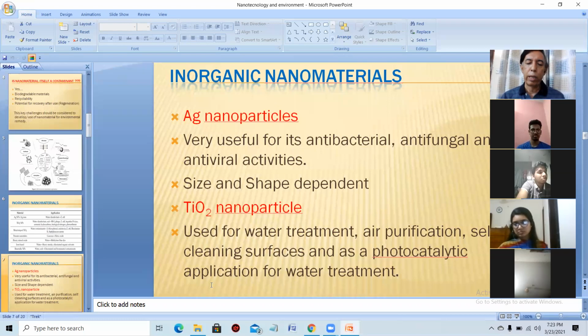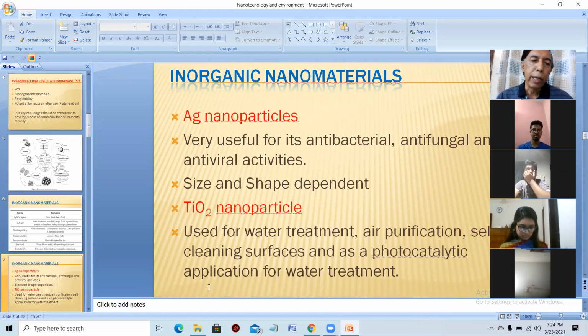It means the electrons from the valence band of titanium oxide nanomaterial go to the conduction band by the application of UV light. So it can be used as a photocatalytic application for water treatment.